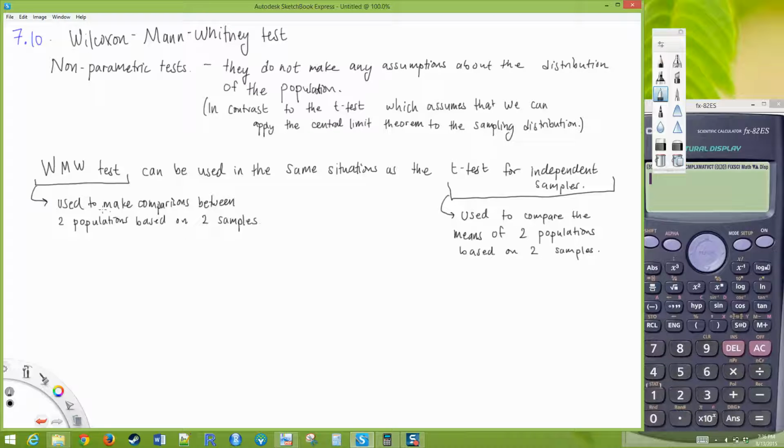But we're not making comparisons about the mean of the population, because we're not saying anything about the mean. So technically, the reason why we call them nonparametric tests is because the mean of the population is known as a population parameter.